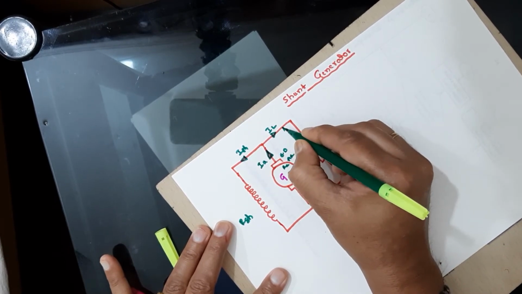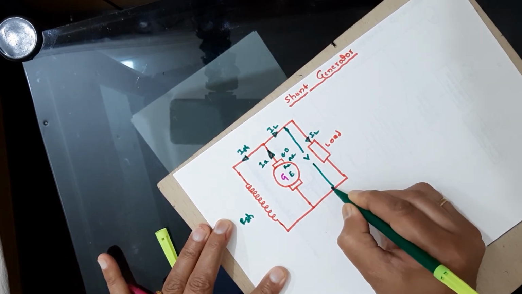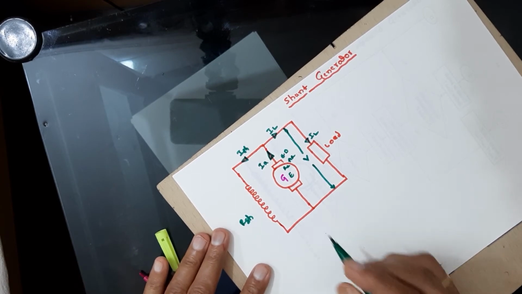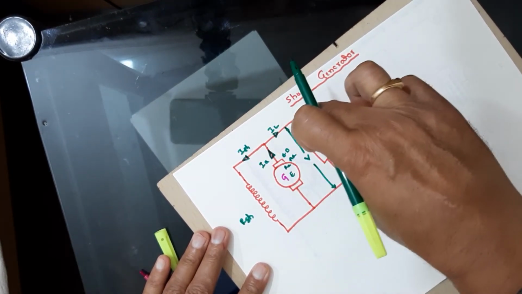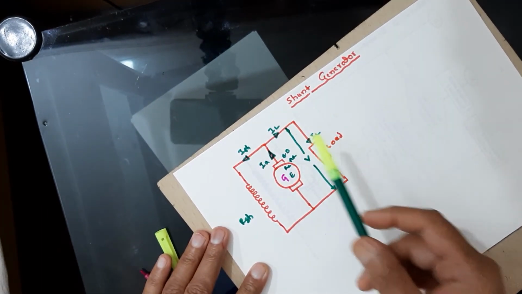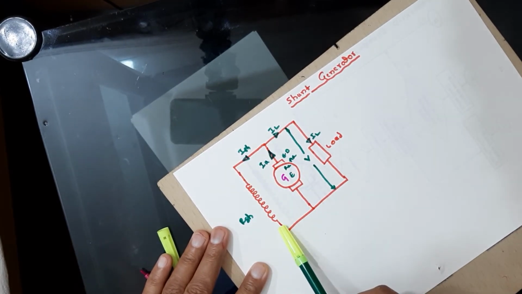The voltage across the load is once again V. Now we can see here the voltage between these two terminals is the same as the terminal voltage, the same as across the field.